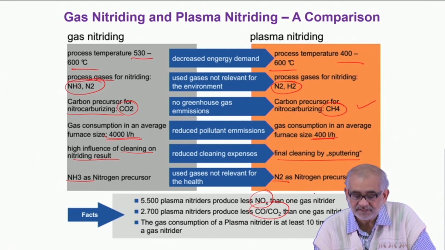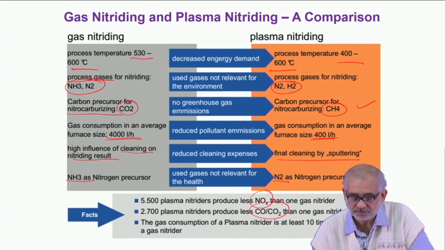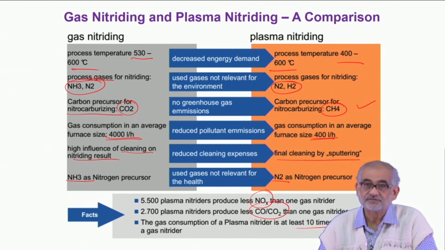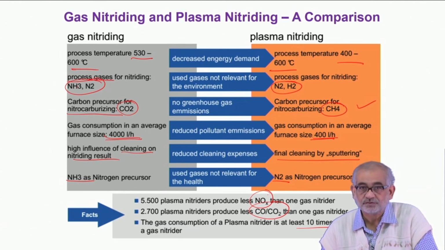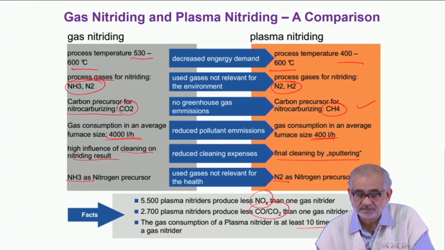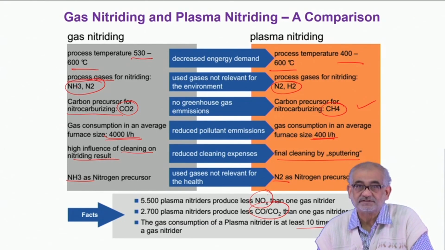In comparison, plasma nitriding is free from emission of NOx or greenhouse gases, and also consumes a much lower amount of gas mixture. So time wise and material wise, it is more economical and more energy friendly.